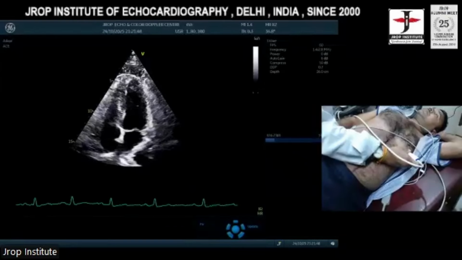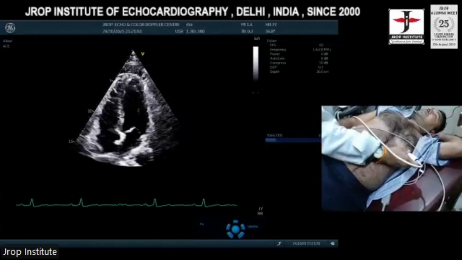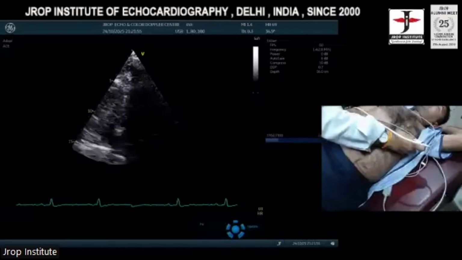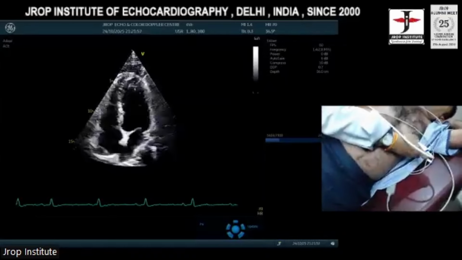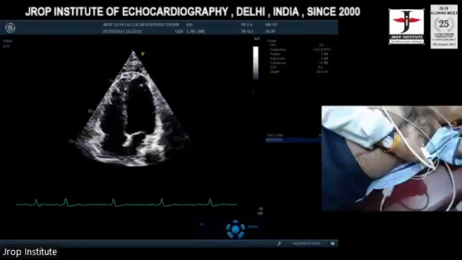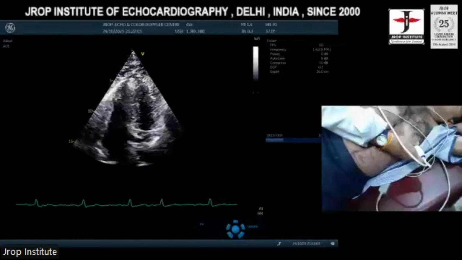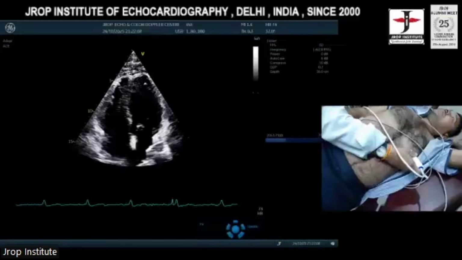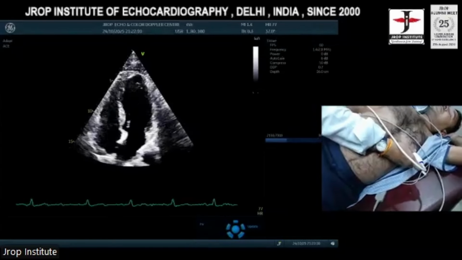Look at your apex. Why is the apex not visible? You are in the 4th intercostal space. Now if you go a space down and ask the patient to take a deep breath, your apex will become visible. Release the breath. Take a long breath. This is a true 4-chamber view.